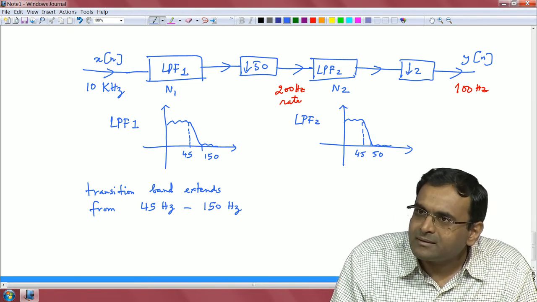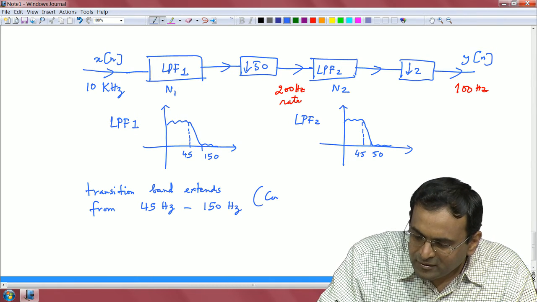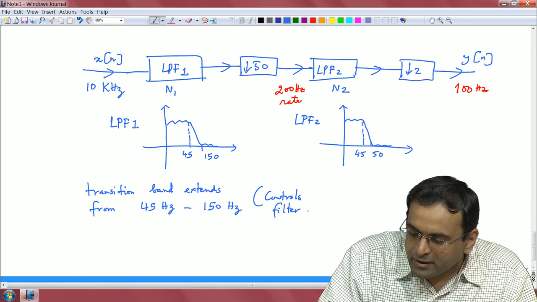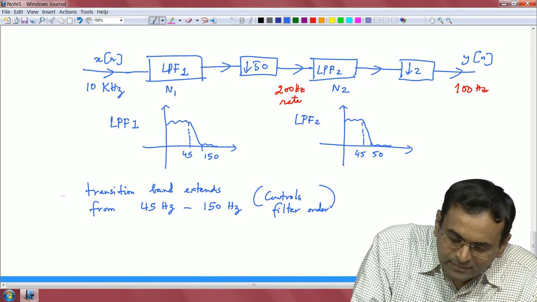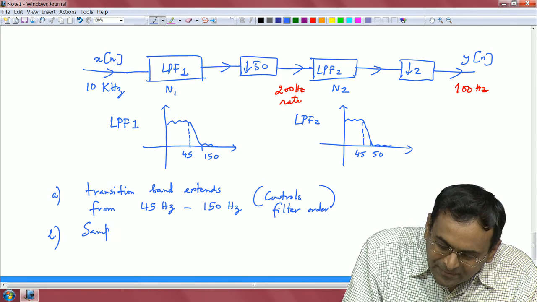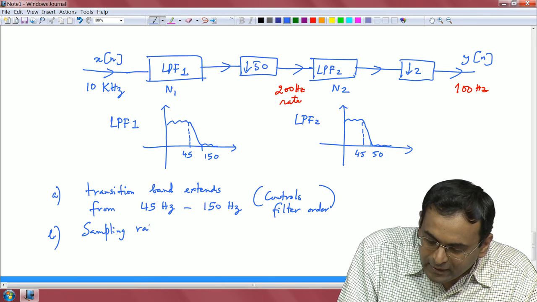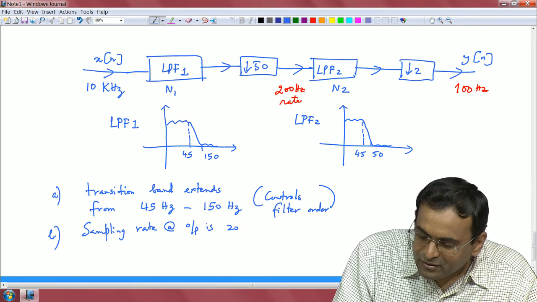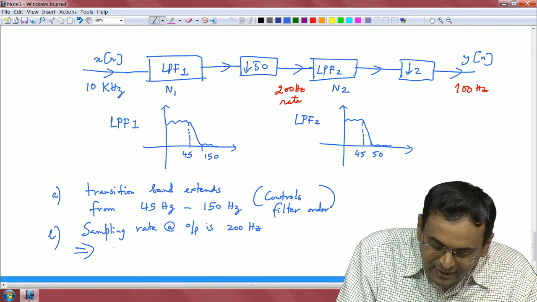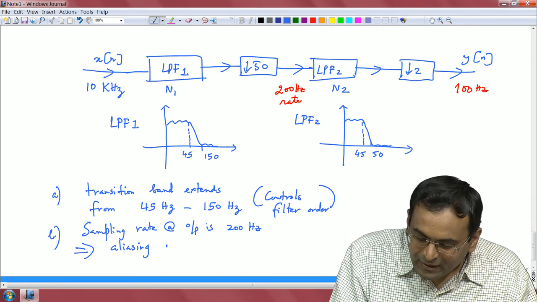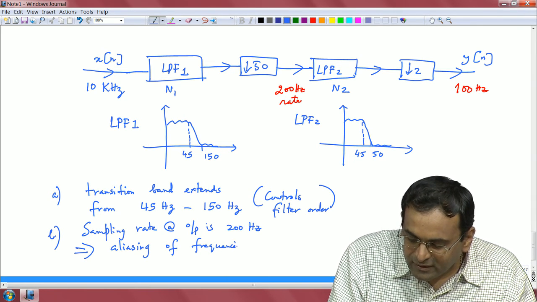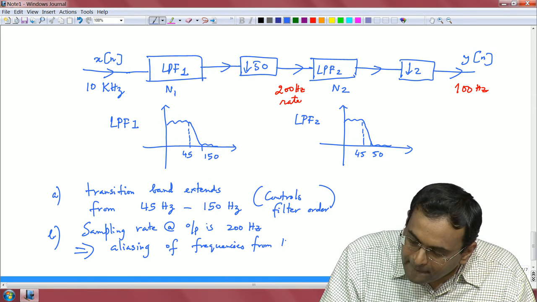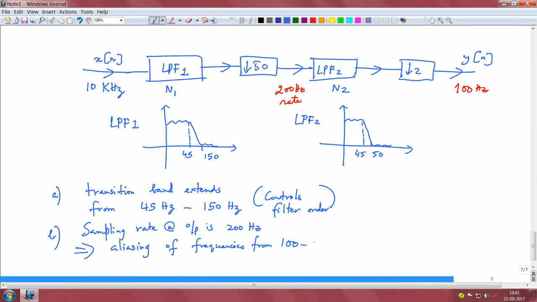One is the transition band, because this controls the filter order, but the sampling rate at output is 200 hertz, which implies aliasing of frequencies from 100 to 150 hertz to the 50 to 100 hertz band.